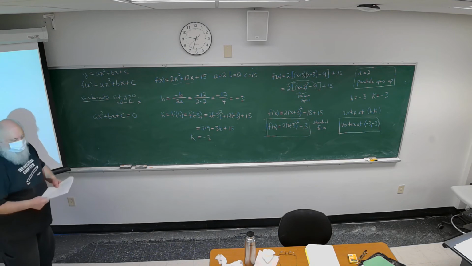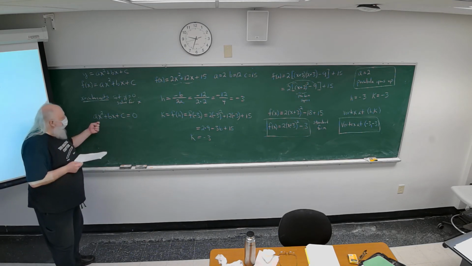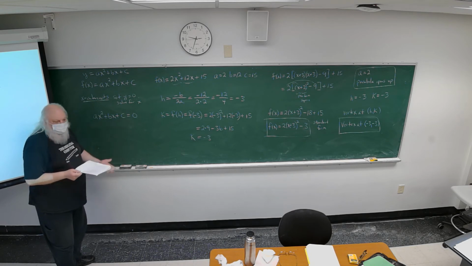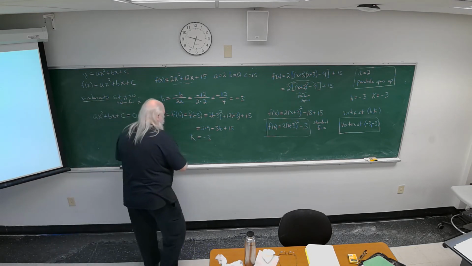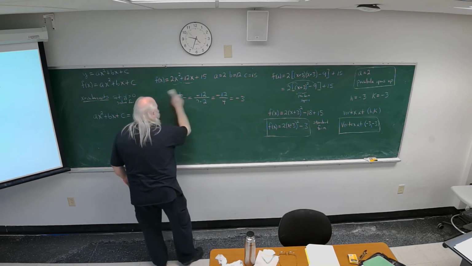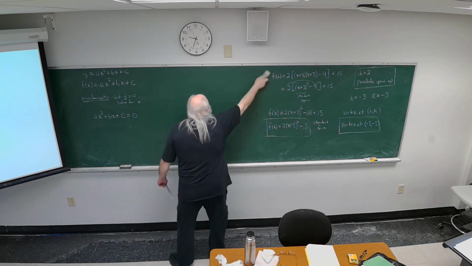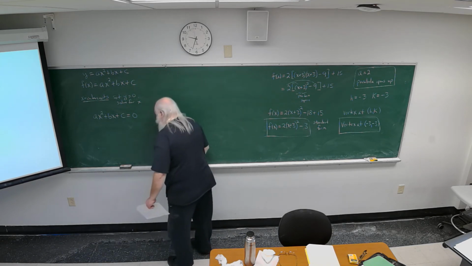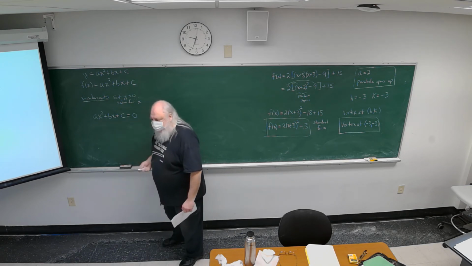Well, to find the values of x that make the left-hand side equal to 0, you can use what's called the quadratic formula. That quadratic formula that you probably saw many times in high school is derived by completing the square on the left-hand side.